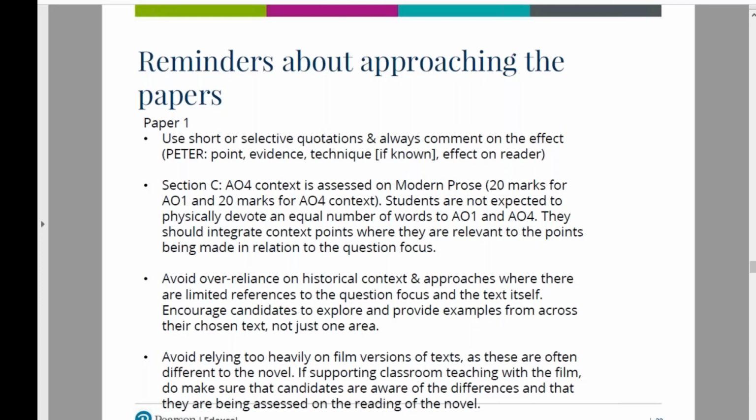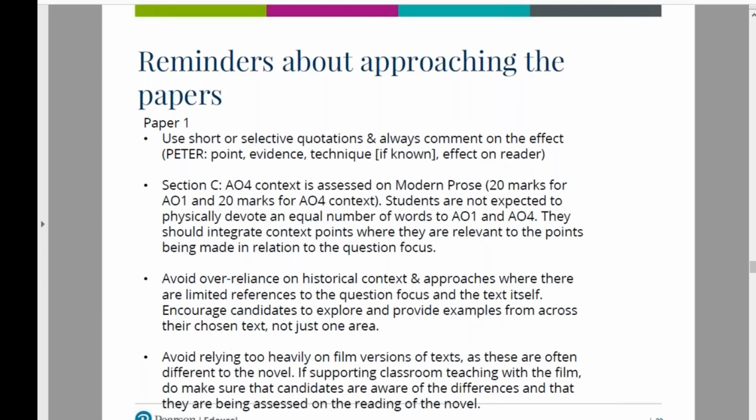And I should flag, if you haven't already listened to it and you weren't there, I did go through an exemplar in the autumn network, so that's in the recording, where we looked at an example on Crooks in Of Mice and Men and how the context was done in that.